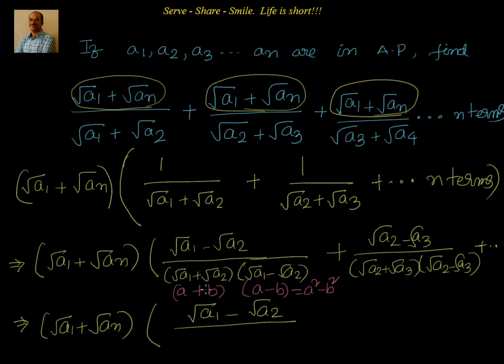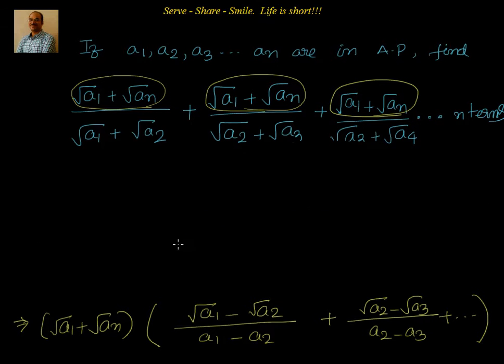So a square is nothing but a1, and b square is a2. Similarly, the next term will become root of a2 minus root of a3 divided by a2 minus a3, and this goes on. So let's go to the next step, where we will leverage that a1 minus a2, a2 minus a3, all of them are equal to minus d.